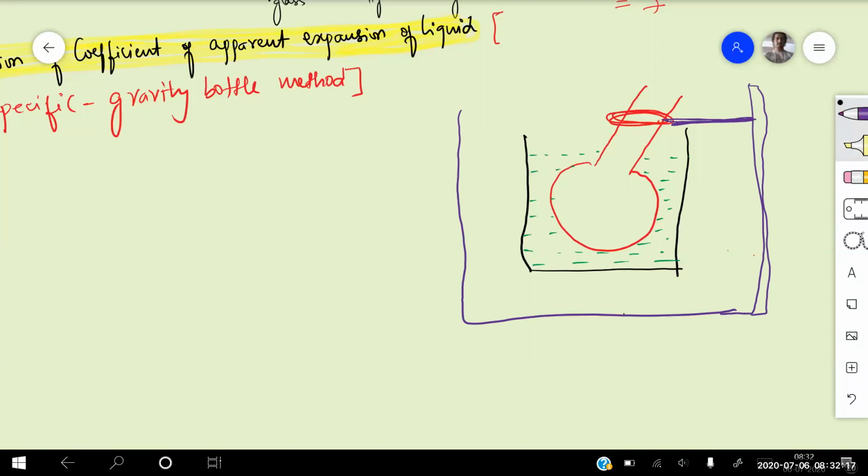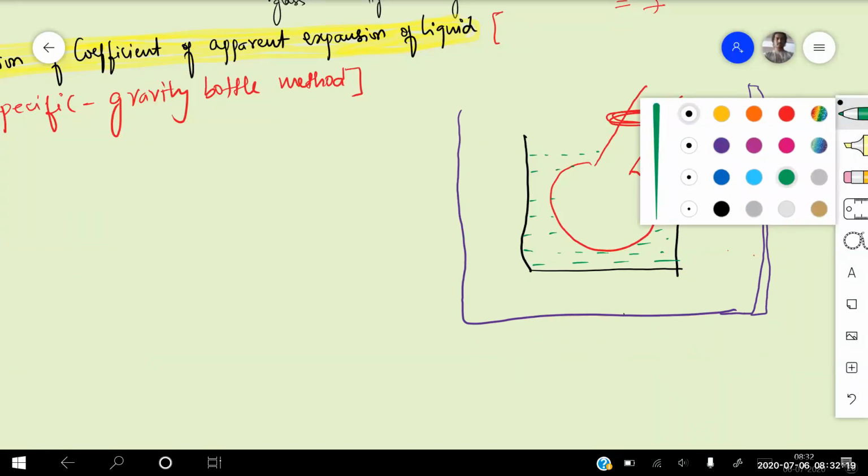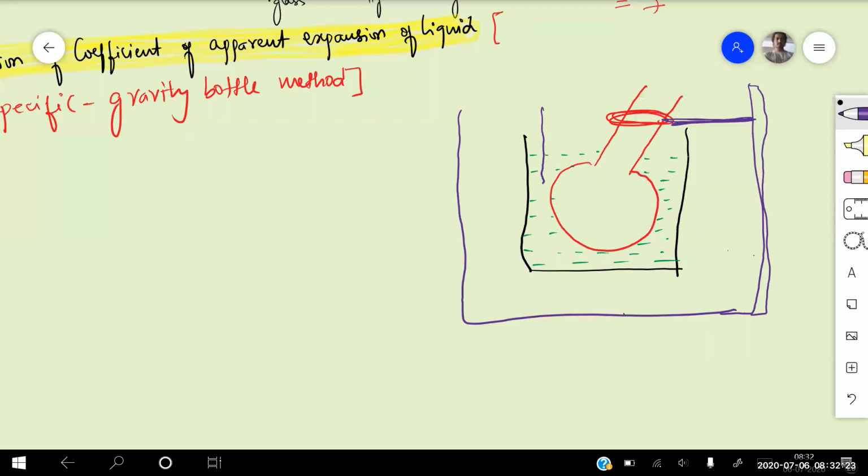In this setup we are using a thermometer, by which we can measure the temperature.